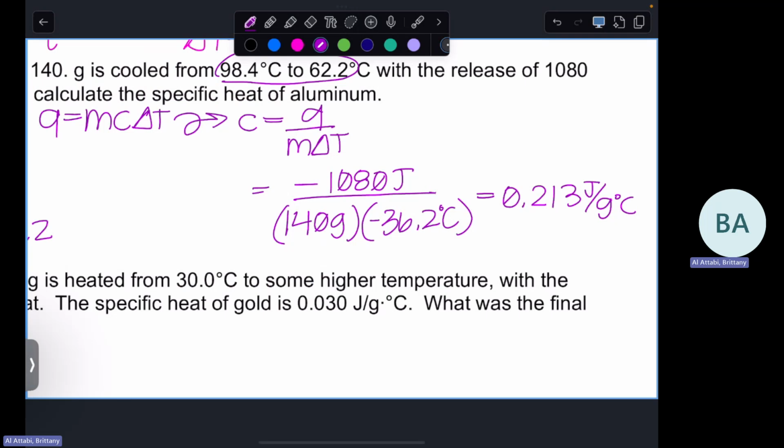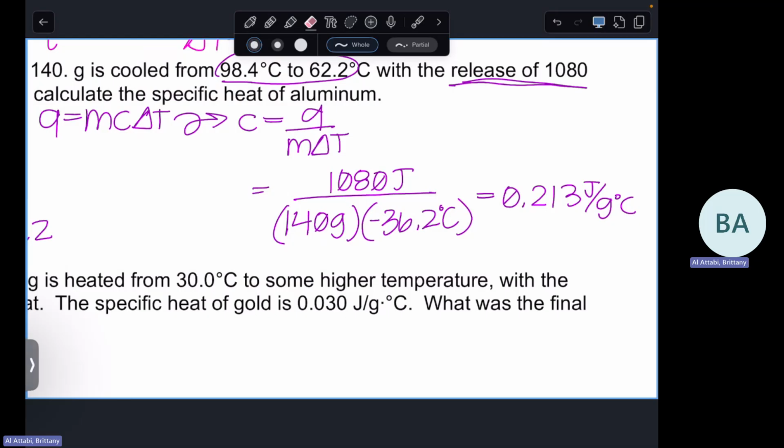All I'm saying is, if you did not read this and go, hey, my Q is negative, then what'll happen is you'll do the math and you'll get negative 0.213. You will never have a C value. You will never have a negative mass value. So just don't panic. Just drop the negative off.